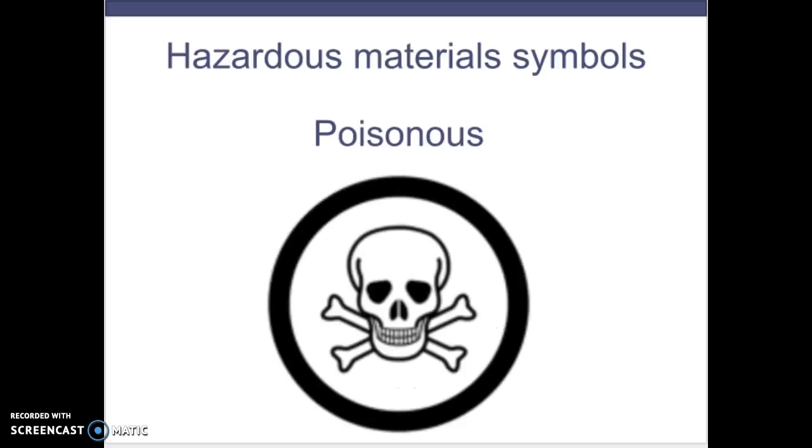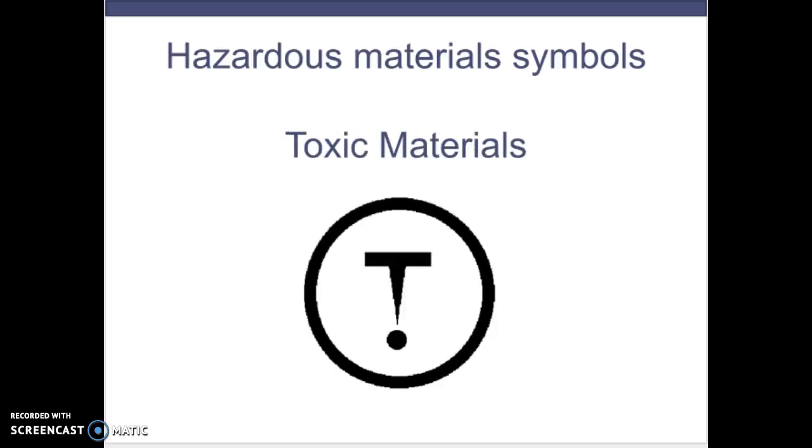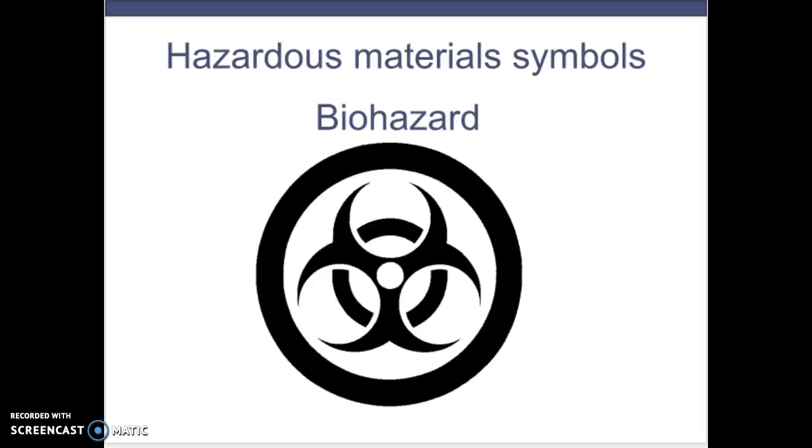Poisonous has a skull and crossbones, which is a symbol that we frequently associate with poisonous. Toxic materials has a T with a dot at the bottom. The T should be a symbolic reminder to you that the T is for toxic. The biohazard is represented by this shape.